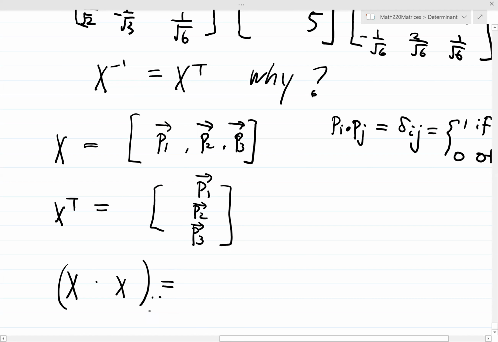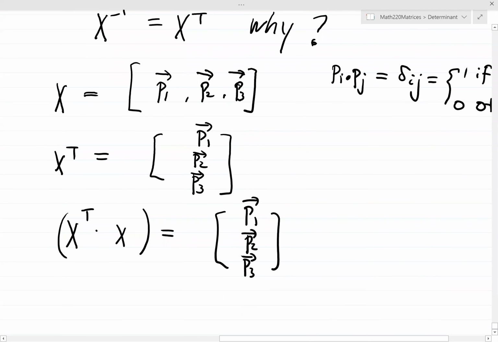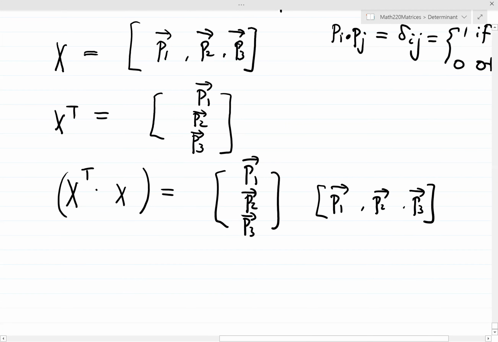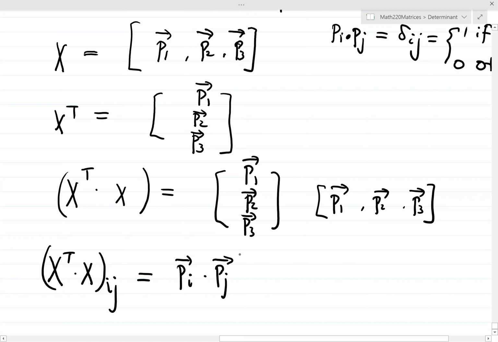The ij entry is the ith row times the jth column, which is exactly pi dot pj, which is delta ij.